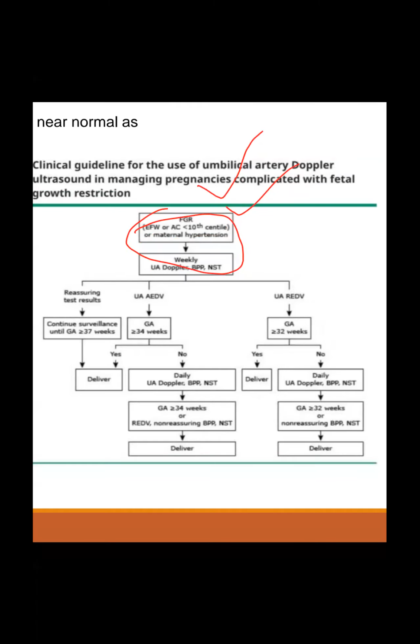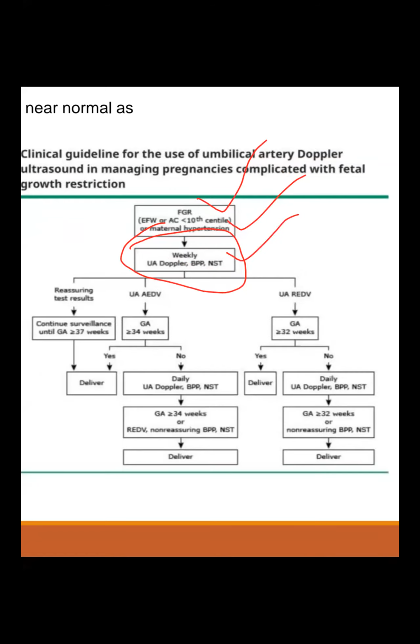First of all, fetal growth restriction. Like Dr. Badhan's case, the patient is already 30 weeks, and the ultrasound revealed decreased fetal size with oligohydramnios. In this case, weekly we have to do ultrasound Doppler, biophysical profile, and non-stress test.